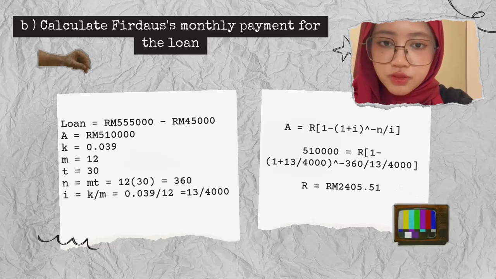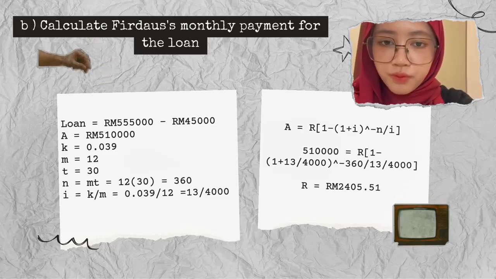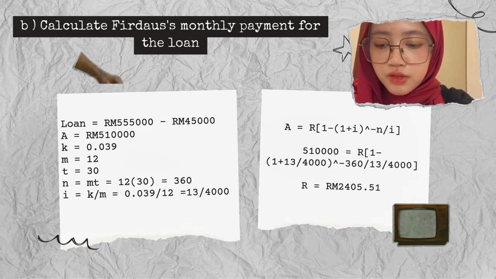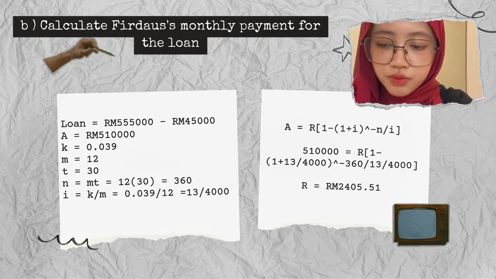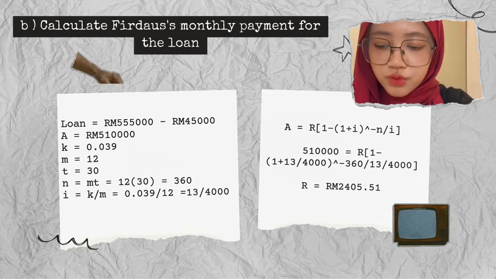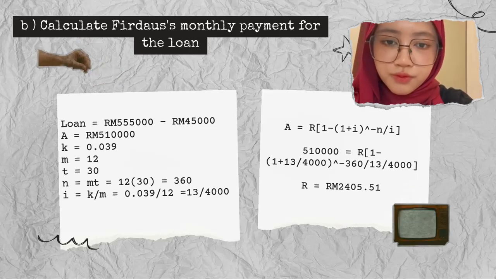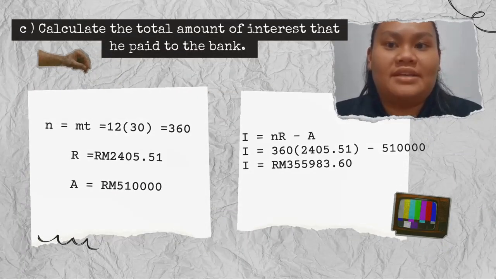We use the present value formula A equals R times (1 minus (1 plus I) to the power negative N) over I. Filling in the formula, we get R equal to RM 2,405.51.